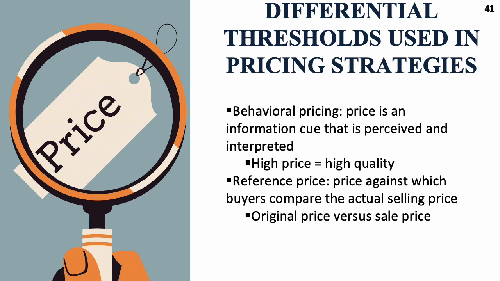You have to also think of things like your reference price, which is the price against which buyers compare the actual selling price, right? So if you have an item on your shelf priced at, let's say, $33.99, and you say this isn't a sale, well, a person who shops at your store every single week comes in and notices that this says $33.99 on sale, but every time they've looked at it for the last few weeks, it said $33.99 is its normal price.